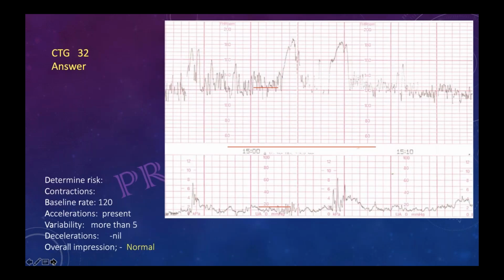Excuse me, ma'am. In the last CTG, about the baseline variability, can you please comment? Is it more than 25 beats for more than 25 minutes? Baseline variability, you can take it also in other parts of the trace.